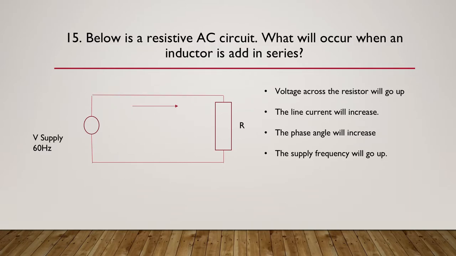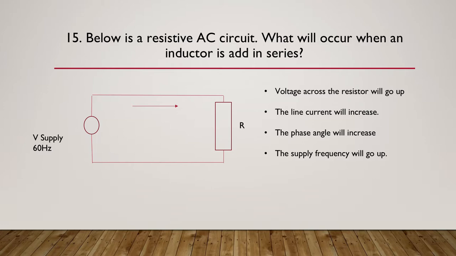So question 15 now. Below is a resistive AC circuit. What will occur when an inductor is added in series with the resistor? So at the moment we've got a voltage at 60 Hertz, an AC voltage, and it's connected with a resistor across it.